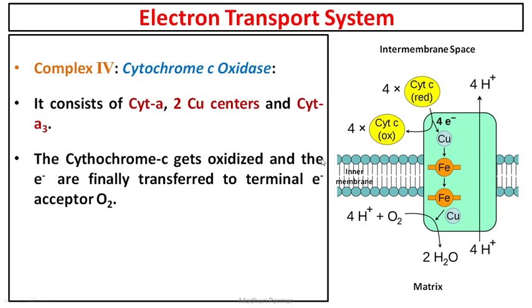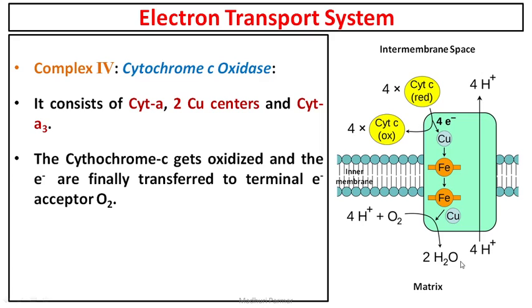Here the cytochrome C gets oxidized, so it will pass its electron and become oxidized, and the electrons are finally transported through all of these copper and iron centers or cytochromes to the oxygen. So here you have oxygen, O2, plus 4 protons on the matrix side, 4H plus, and the electrons that you get from cytochrome C oxidase or complex 4 will finally give you 2 molecules of water.